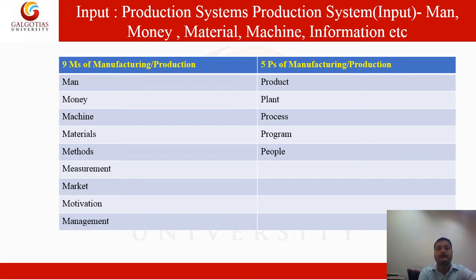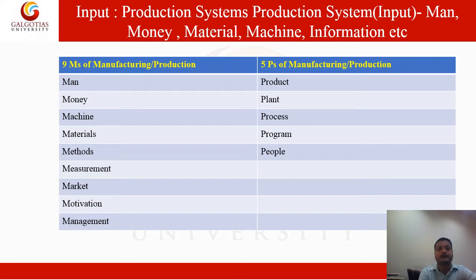There are instances where the transformation process will take more than one input at the same time. So when we talk about input, we need to address 2 other important concepts, that is the 9 M's of manufacturing system and the 5 P's of manufacturing.